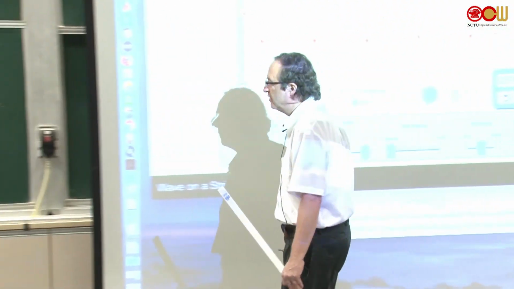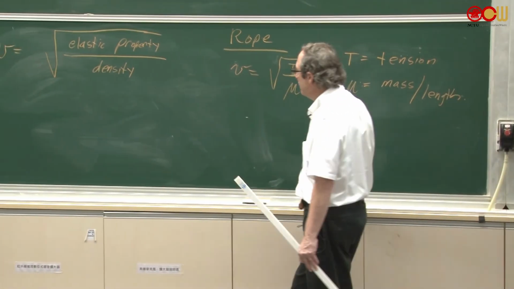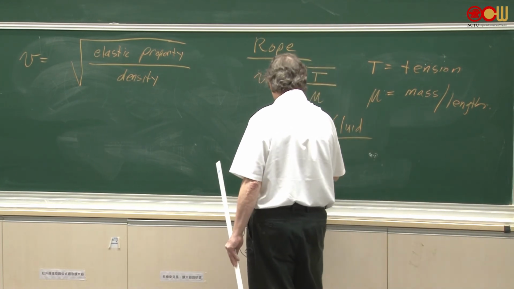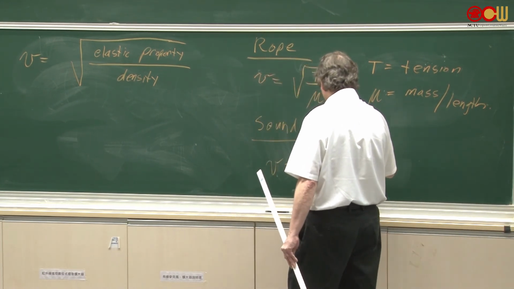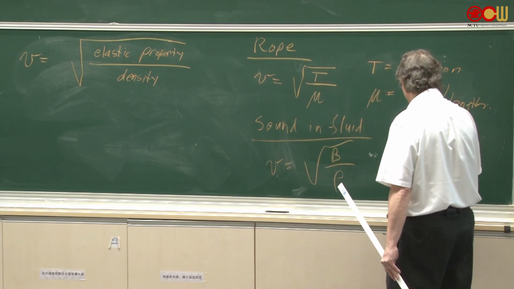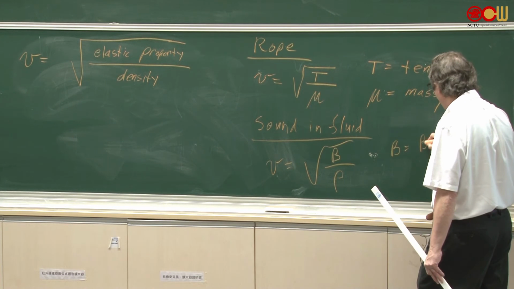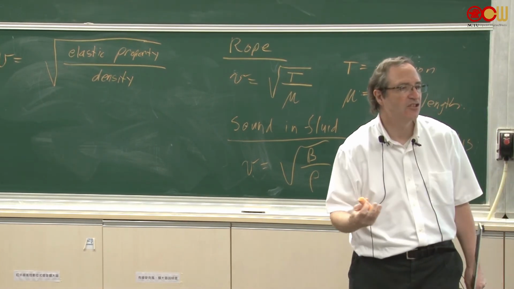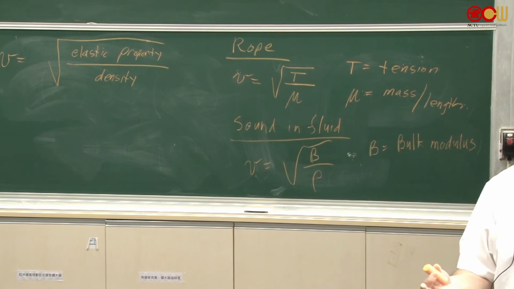For sound in a fluid, v equals the square root of B over rho. So B is, we briefly touched on this, the bulk modulus. It's how the volume changes with pressure.